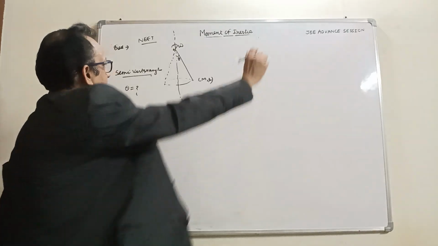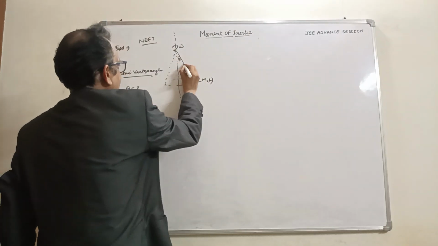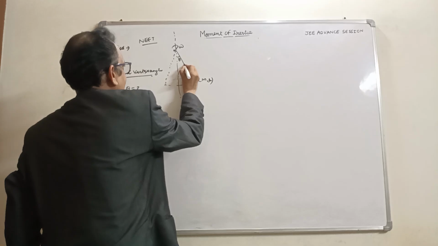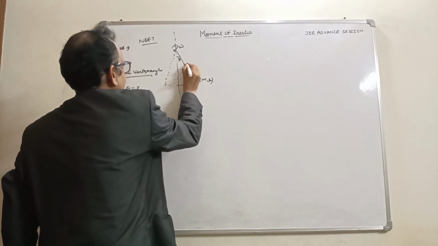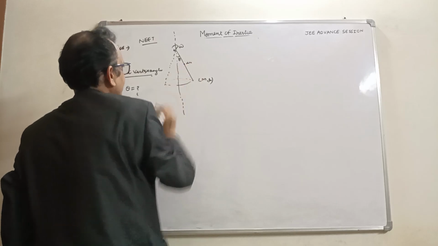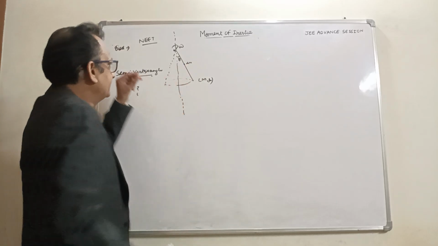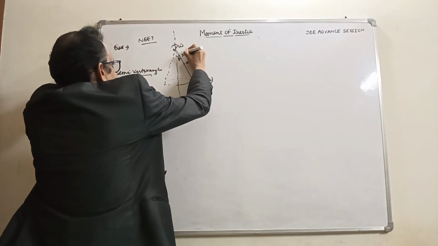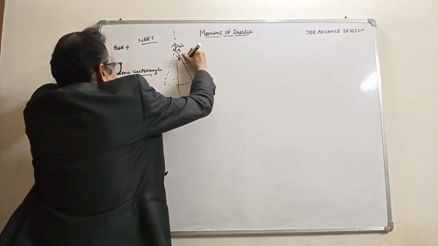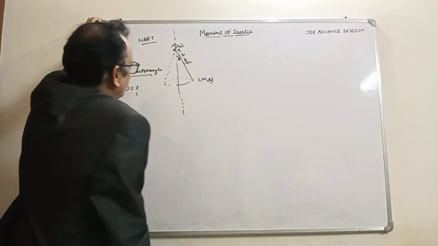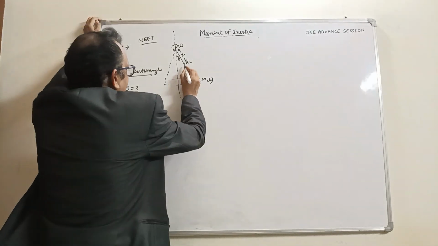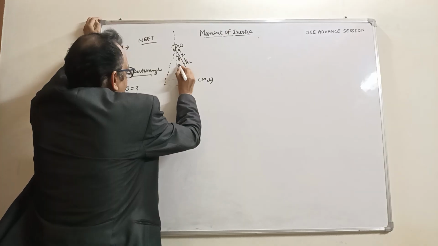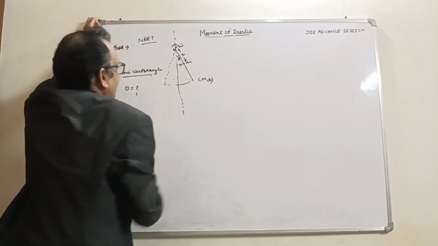So we calculate here. We take an infinitesimally small element. Suppose this is a dm element here. We take a dm element at a distance x from the axis of rotation. Two types of force are acting here, and the horizontal distance would be x naught.